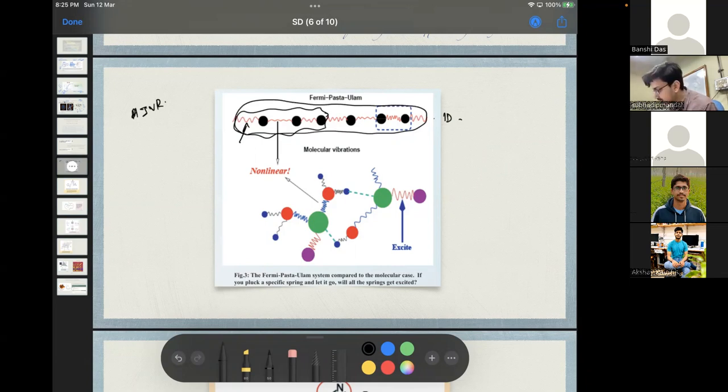It gets stuck over, let's say, these three selective modes, and all the other modes are just spectators. That means IVR can get localized in some set of vibrational modes. Now, this is just a 1D system of oscillators coupled to each other non-linearly. Think about what will happen in a real molecule with hundreds or thousands of vibrational modes.